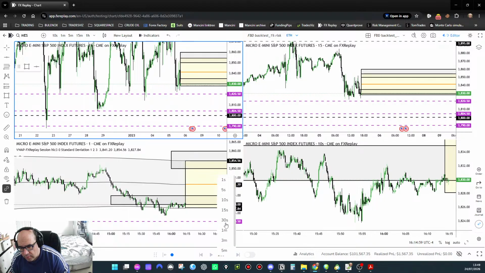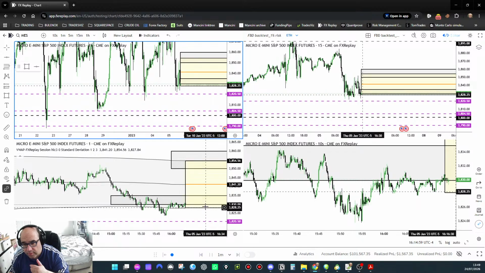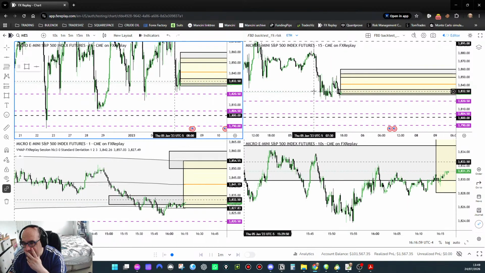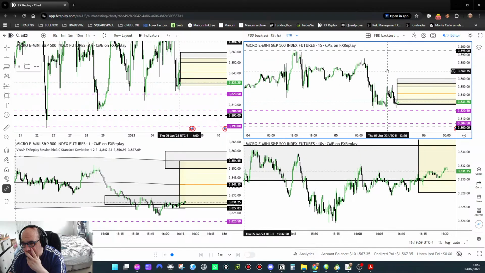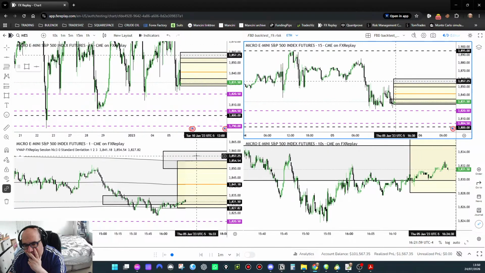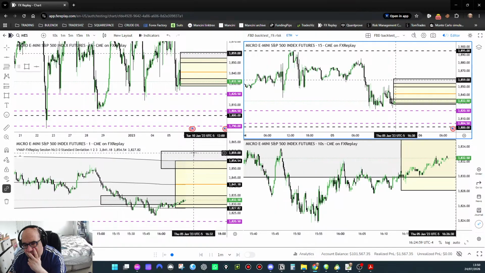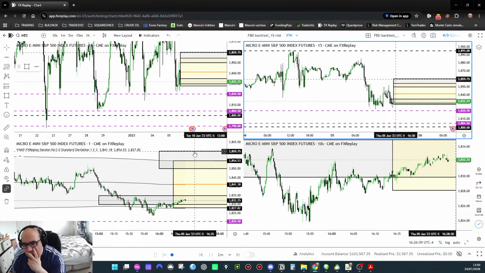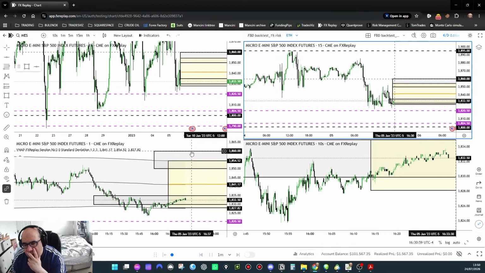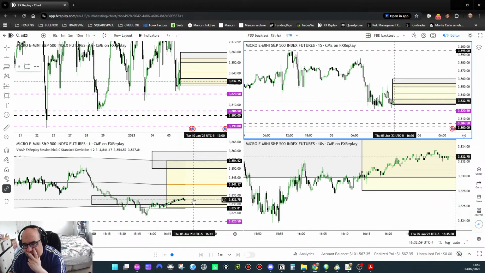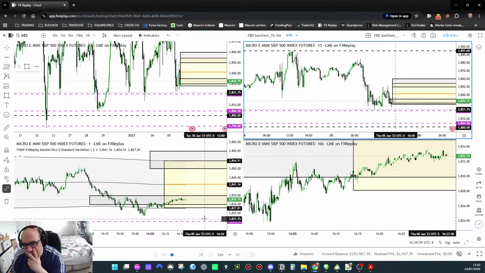I'm going to give it on 1 minute. We're still within this zone. If we break above, I'm going to take the long.